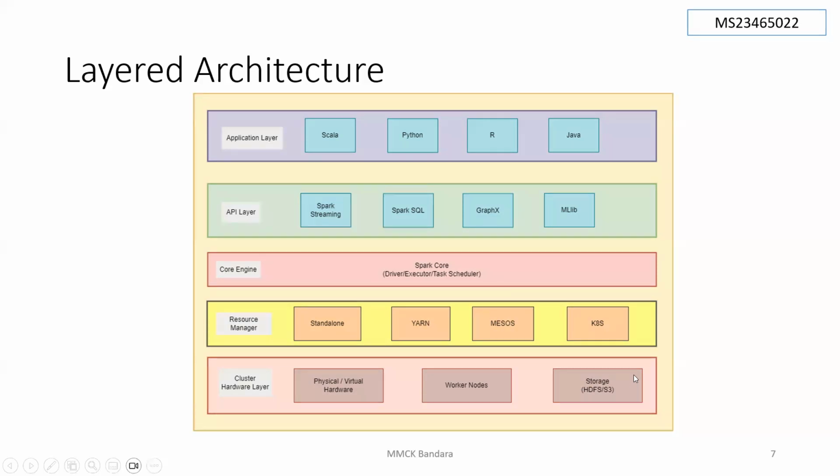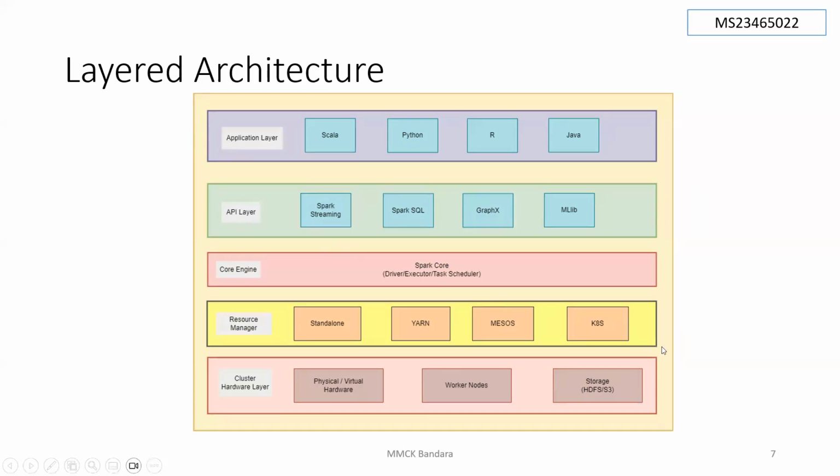So we can see these internal complexities are hidden below the bottom layers, and with the upper layers like the API and application layers, the Apache Spark framework became more interoperable with external systems.